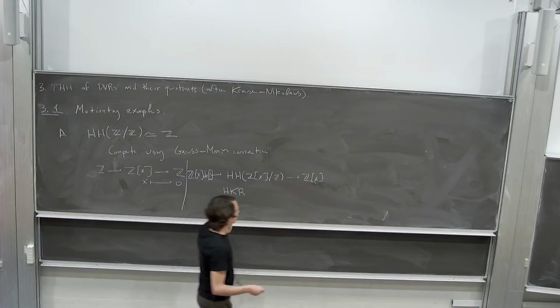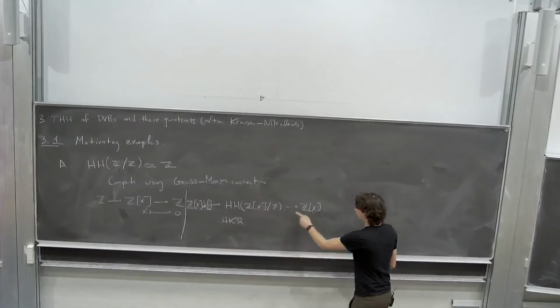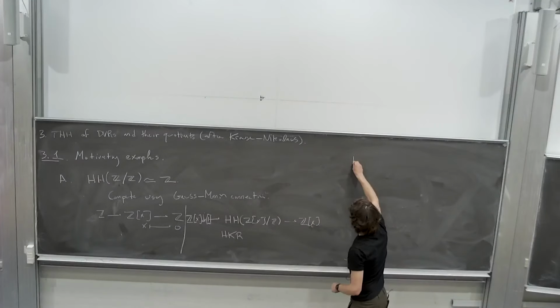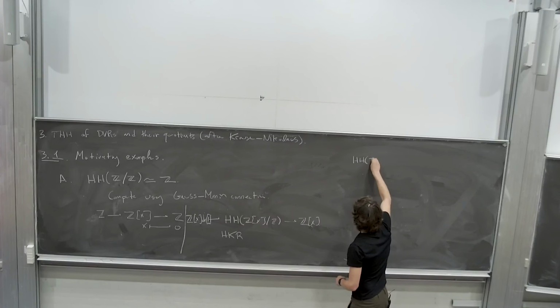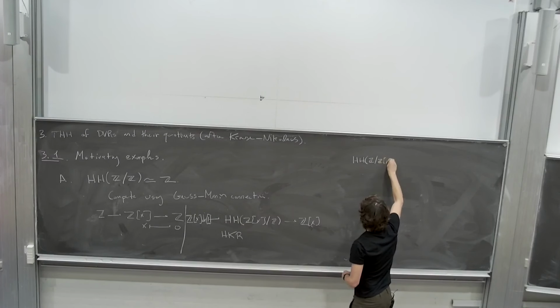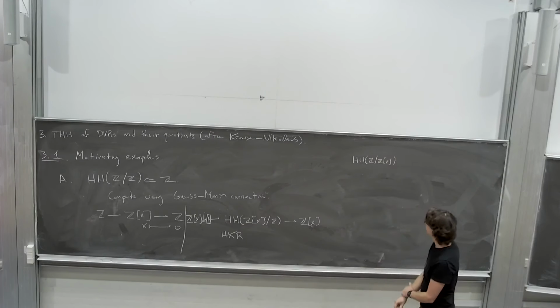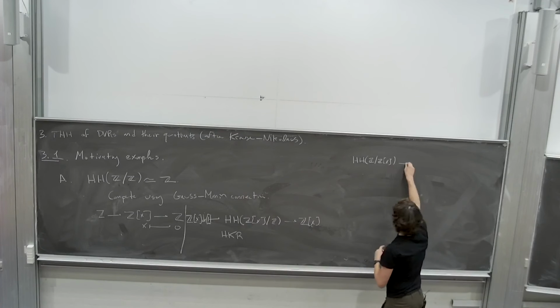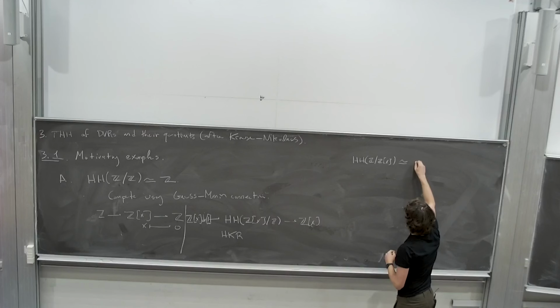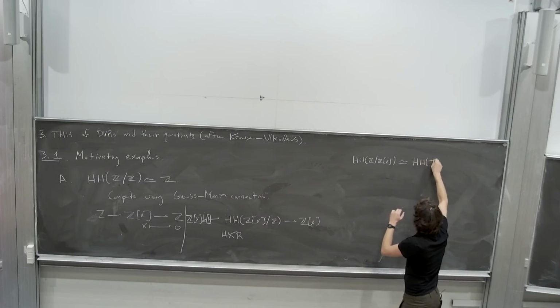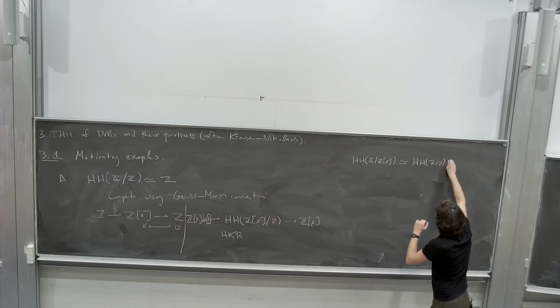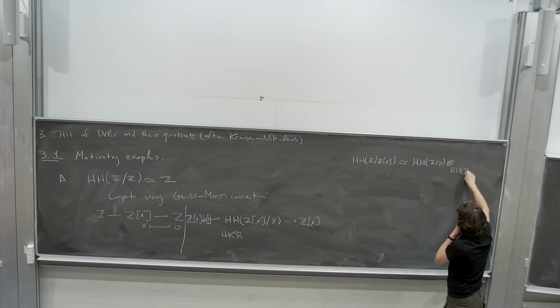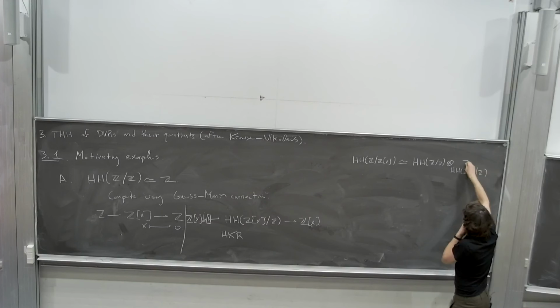Okay, so how is the definition of Hochschild homology of Z relative to Z[X] along this algebra map? Well, this also has a universal property, but Hochschild homology satisfies various base change properties. So this is the Hochschild homology of Z over Z, tensored with the Hochschild homology of Z[X] over Z, with Z[X].